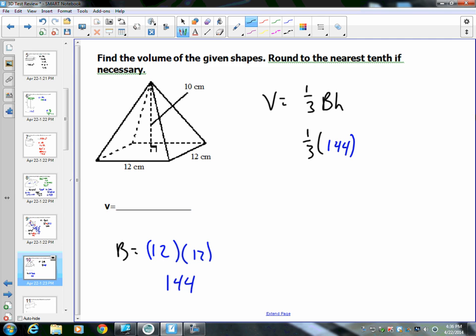Then we have the height. The height in this case is given to us. It's 10. So 1/3 times 144 times 10, we end up with 480. Actually, 400, I'll rewrite that. This is centimeters cubed for volume.